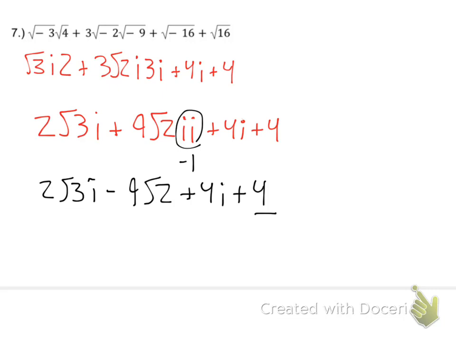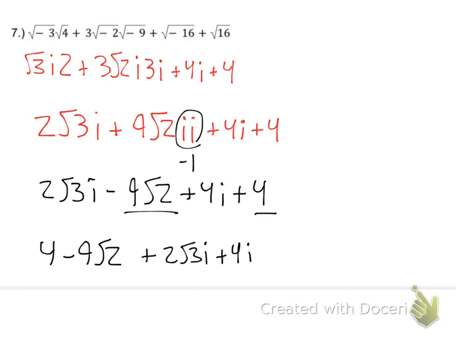The 4 and the negative 9 square root of 2. Does the order really matter when adding? No. So, I'm going to put the positive one first because it just looks nicer to me. 4 minus 9 square root of 2. That takes care of those two terms. The other two are both positive, so that really does not matter order, right? So then, therefore, plus 2 square root of 3i plus 4i.